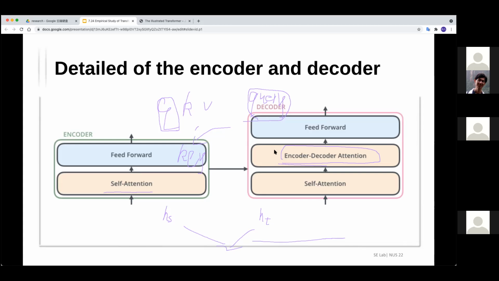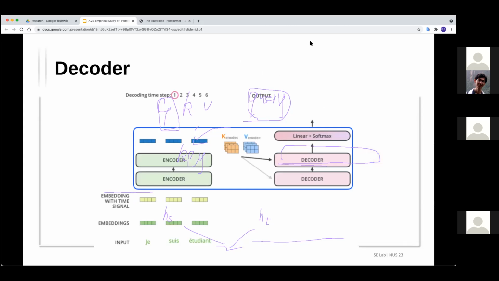Here is the picture. You can see that we use the key and the value of the encoder, and now the decoder will have a query.